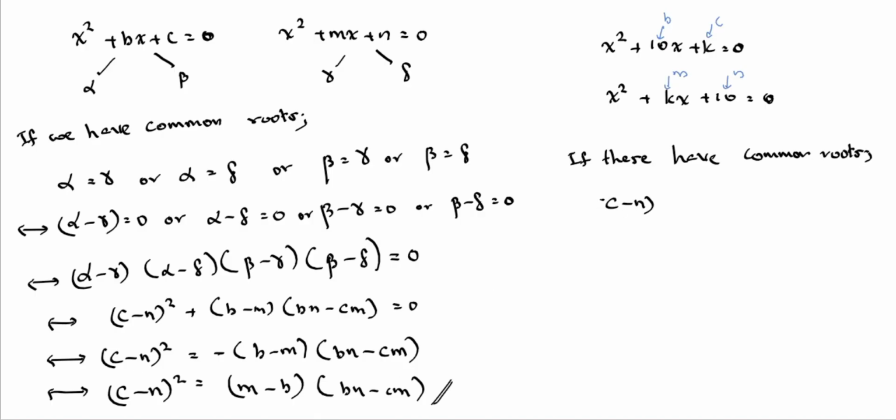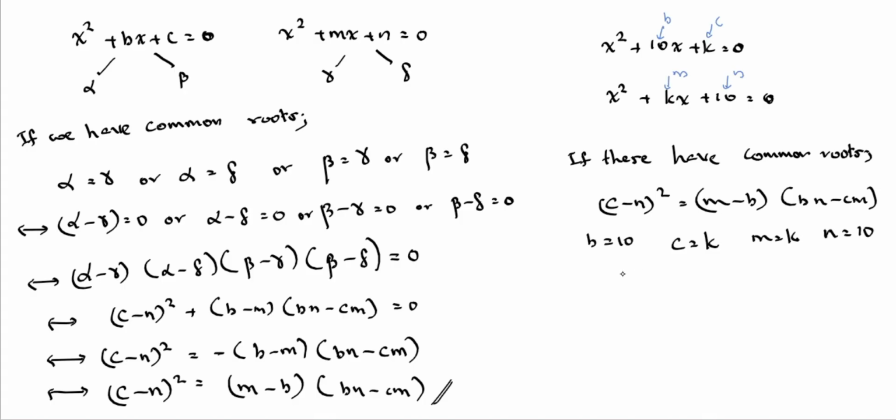(c minus n) squared equals (m minus b)(bn minus cm). Then b equals 10, c equals k, m equals 10, n equals 10.